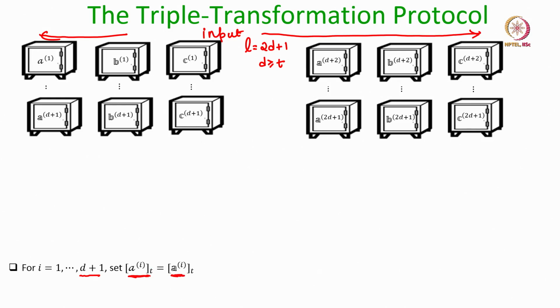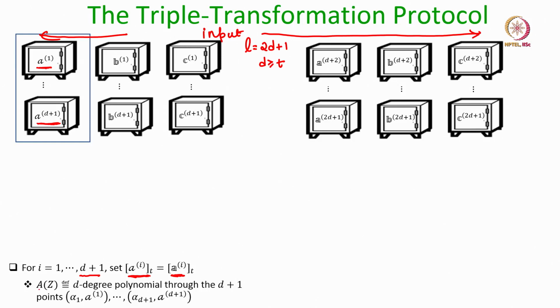Okay. So, in terms of box representation, you can imagine that whatever shares the parties have for this A1, namely the A component of the first triplet, those shares are retained as the shares for the A component of the first output triplet, and like that whatever shares parties have for the A component of the d plus 1th input triplet, those shares only are retained as the shares for the A component of the d plus 1th output triplet.